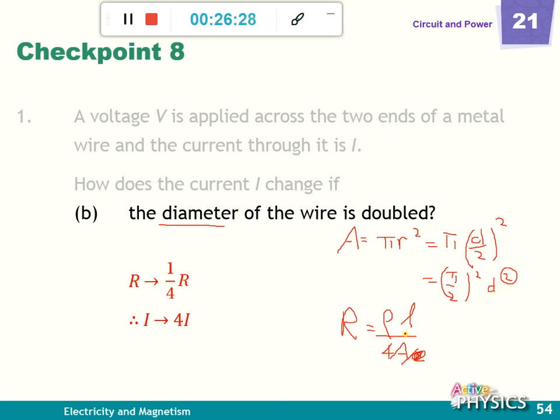Double square should be 4 times. If like that, you can see that R will be 1 over 4 of original. Okay, this one new R will be 1 over 4 original R. Because of it, R is decreased, current will be increased. R is decreased by 1 over 4, then current will be increased by 4 times.